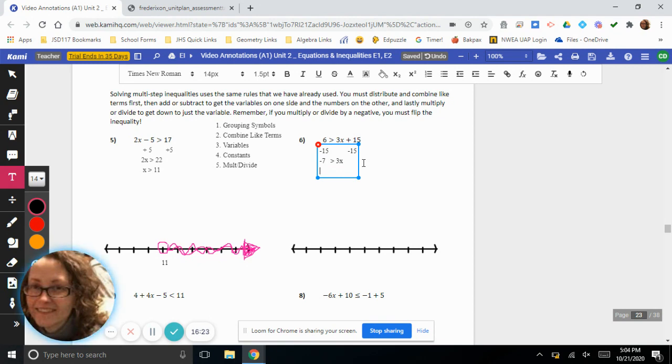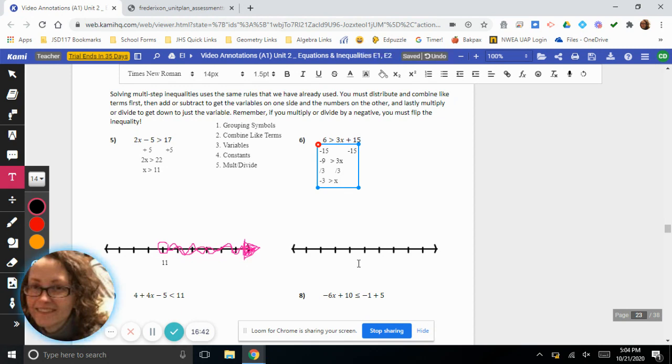That should actually be a -9. Then if I divide both sides by 3, I get -3 is greater than x.